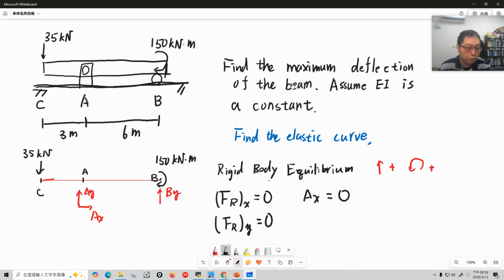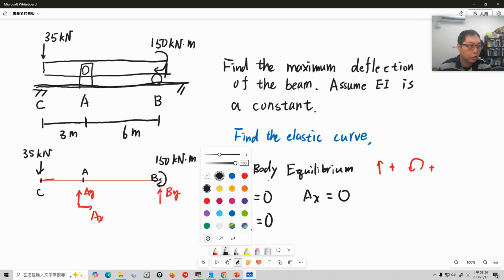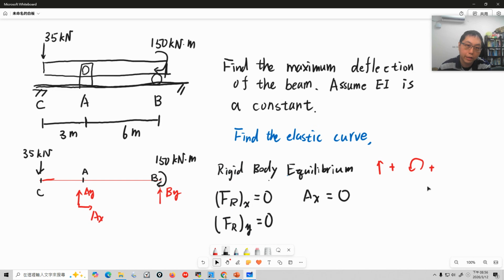So the sign of this 35 kilonewton force is negative, because it points down. Next, at A we have the reaction AY. It's a y component, and I assume it points up. If you don't know its direction, just assume it points up.